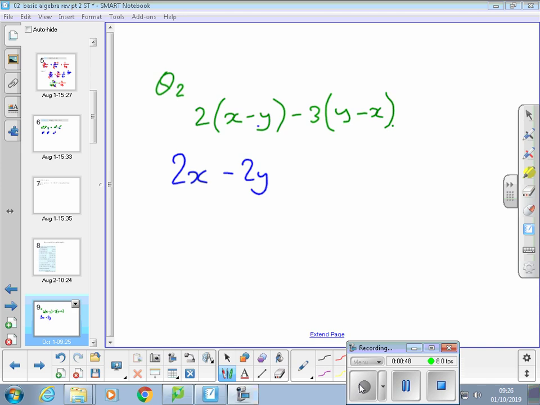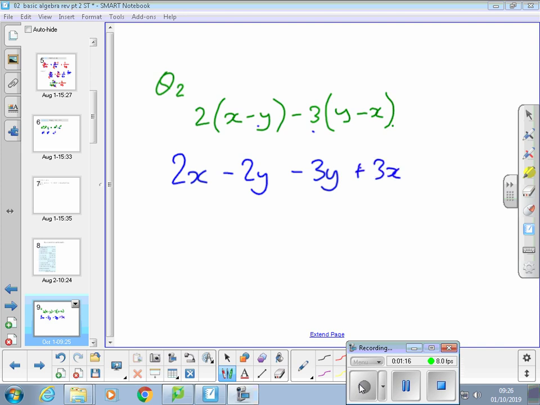Then minus 3 times y is minus 3y, and minus 3 times minus x is plus 3x.